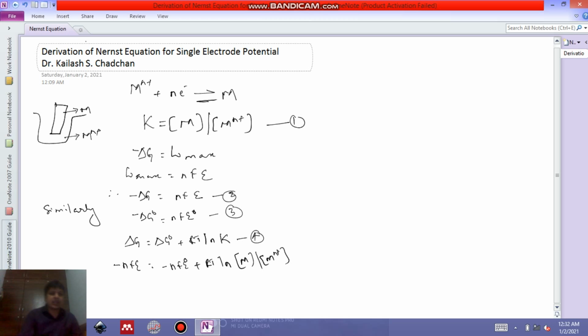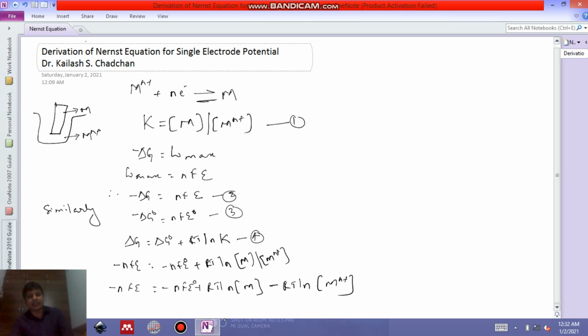So to further simplify this equation, we mention it as minus nFE equals minus nFE naught plus RT ln concentration of M minus RT ln concentration of Mn+.